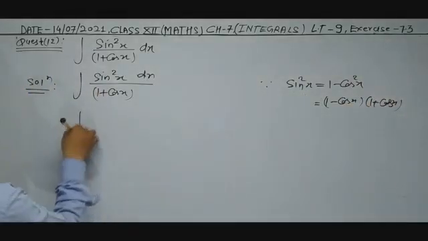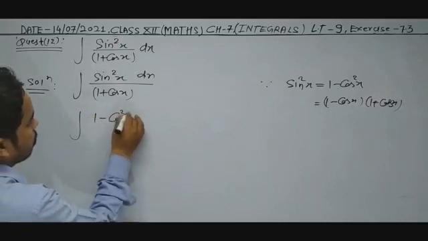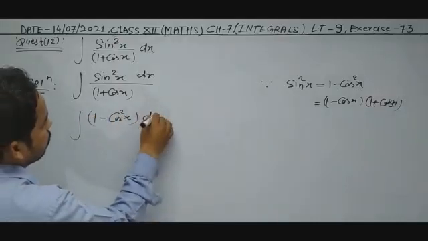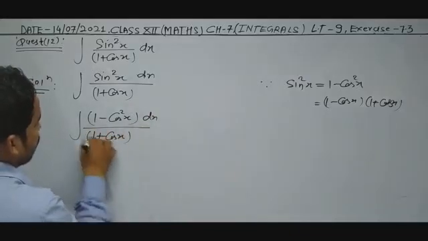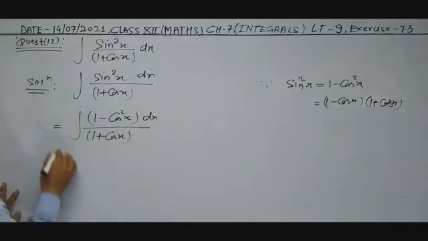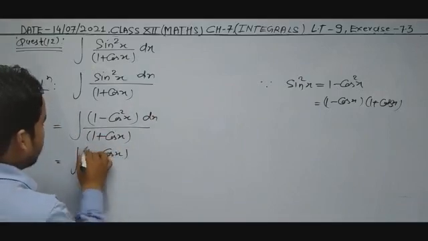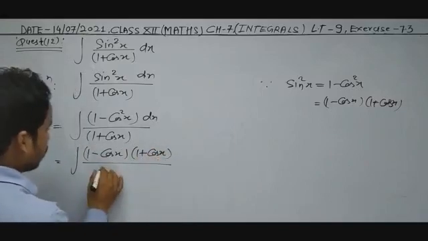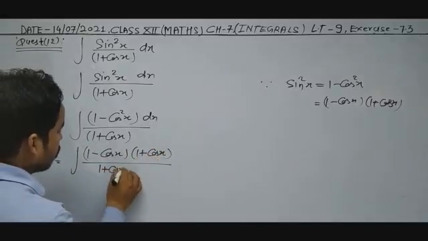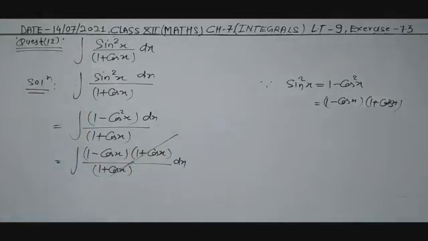So this one can be written as 1 minus cos square x dx whole upon 1 plus cos x. Now you can expand 1 minus cos x, 1 plus cos x whole upon 1 plus cos x dx, and 1 plus cos x will cancel out.